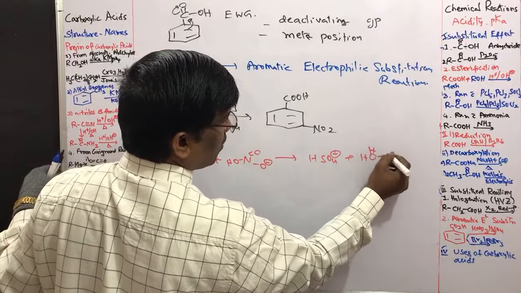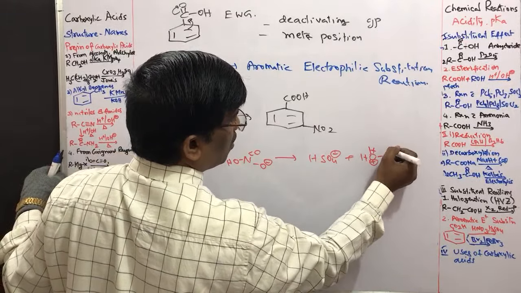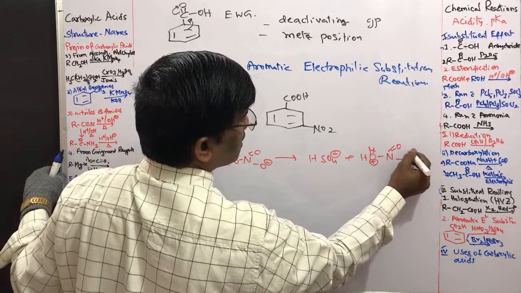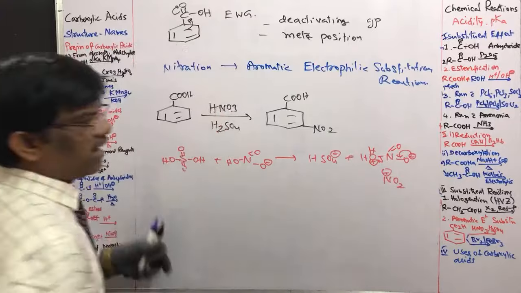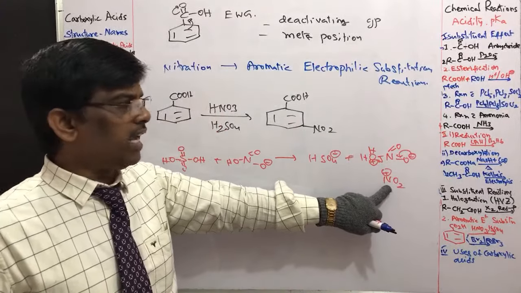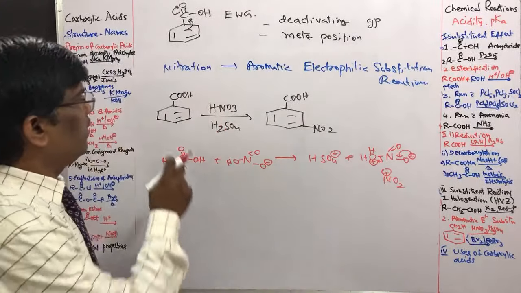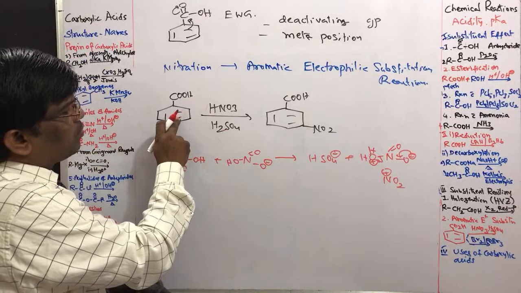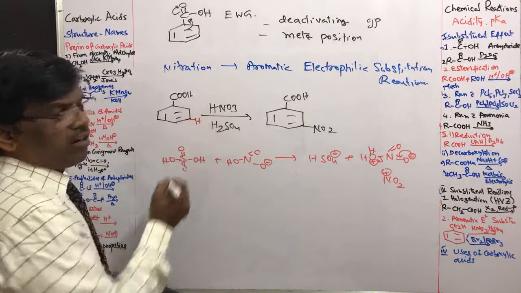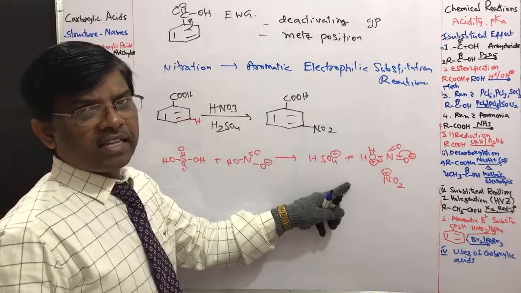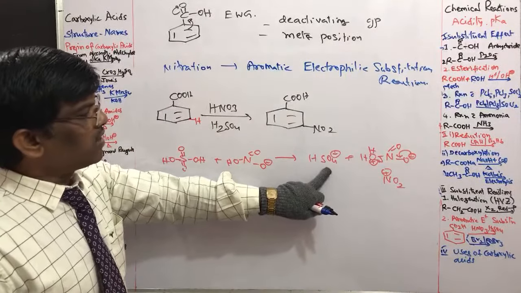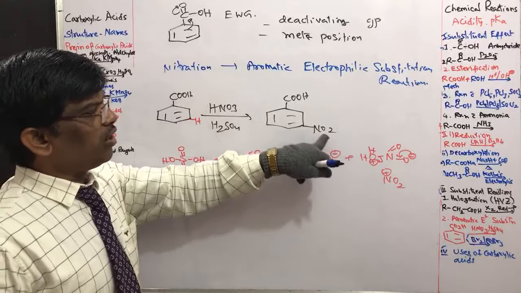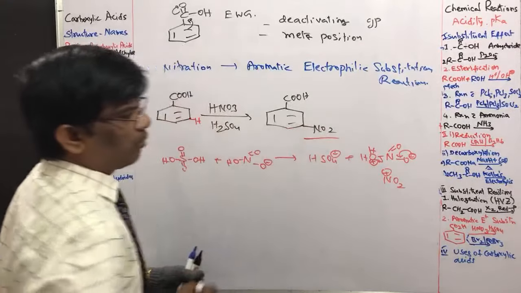Here it is going to form positive O, and this is O minus, and it loses to give NO2 plus. This is the electrophile. Generation of electrophile takes place, and this electrophile will substitute this meta hydrogen, and at the final stage it loses hydrogen to this sulfate ion to give sulfuric acid back, and it is going to be substituted with nitro.